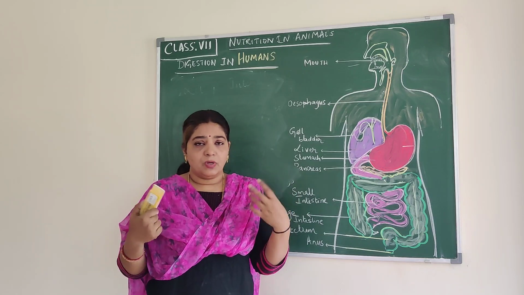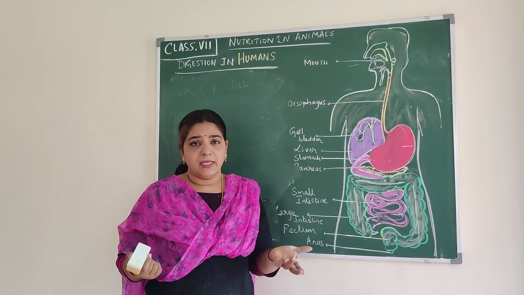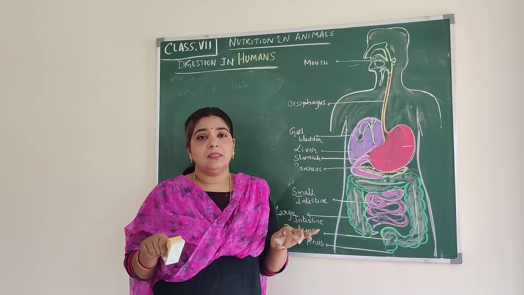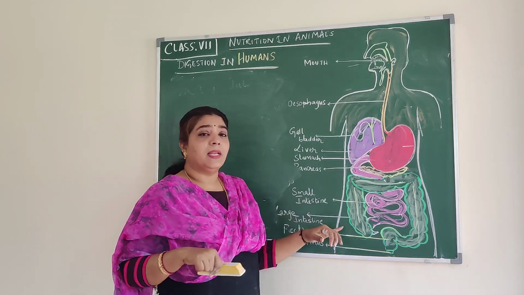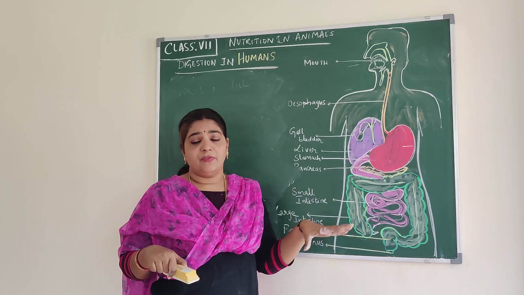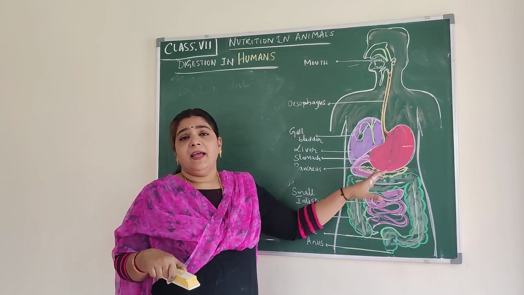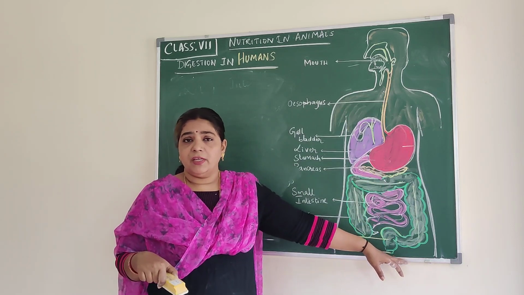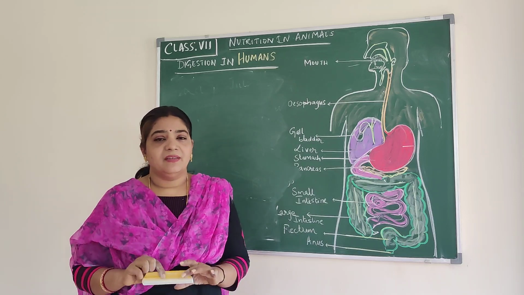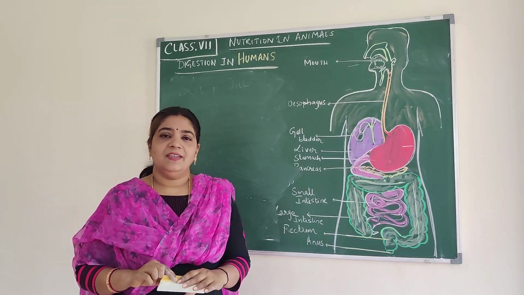There the cells will absorb the digested food and utilize it for various functions, that is called assimilation. Then the undigested and unabsorbed food will be sent to the large intestine. The large intestine will absorb the water and mineral salt from the undigested food, and it will be throwing out the waste through the anus, that is called egestion. With that we have completed the lesson nutrition in animals.